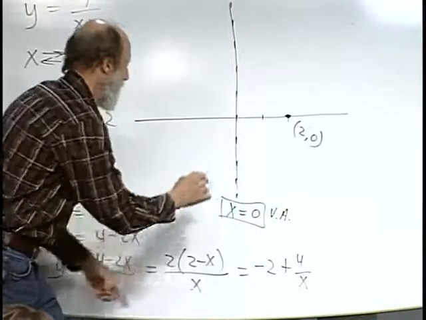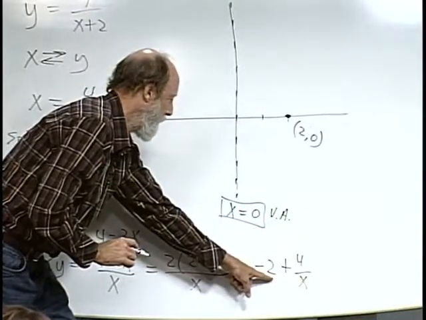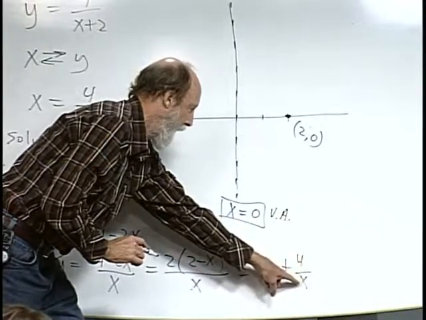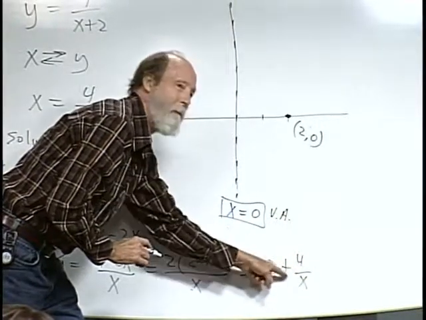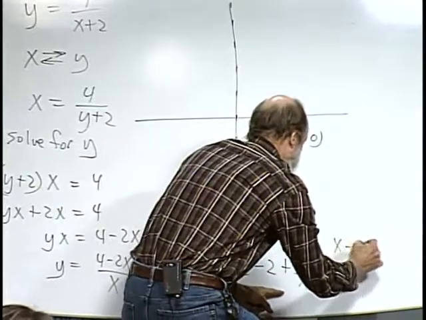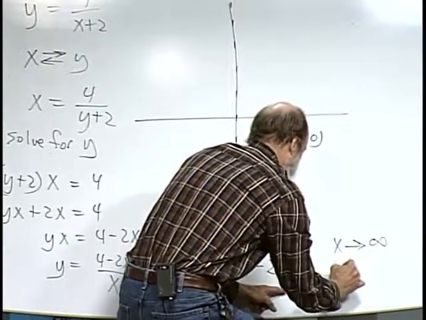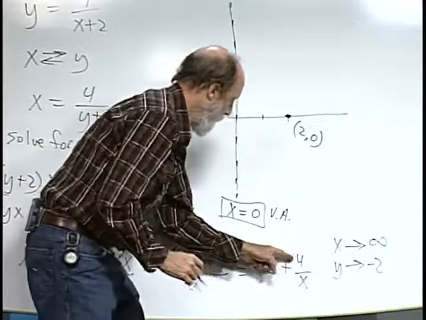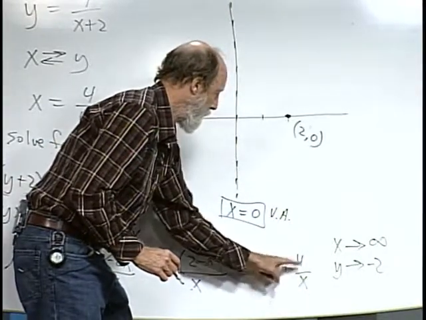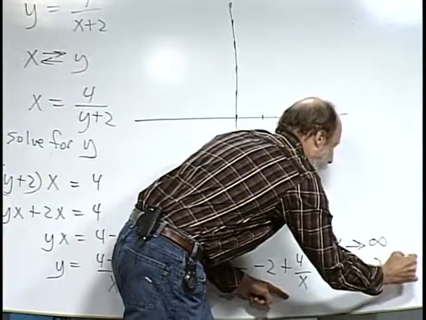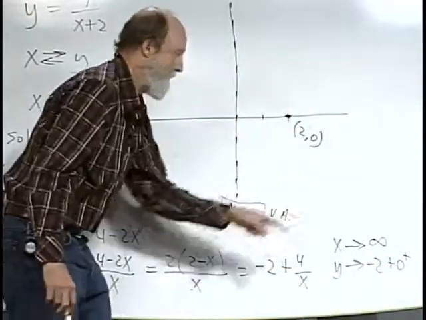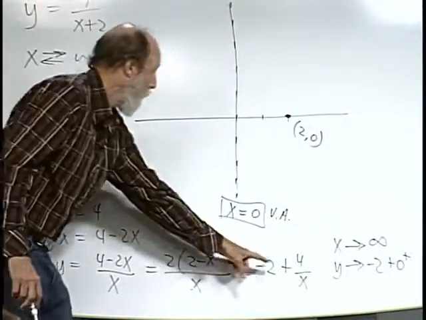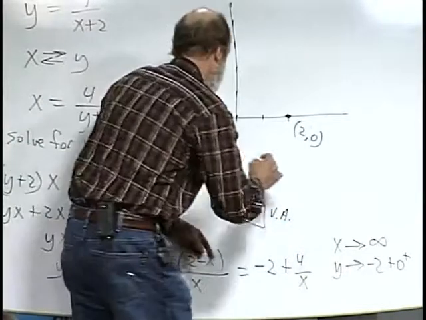Thank you, horizontal. y equals negative 2 plus, as large x happens, this heads towards 0. Let me write that down. If you're going way off to the right, then the y value is approaching negative 2 plus this number, and 4 over a big number is close to 0, but slightly positive. So that indicates a horizontal asymptote, y equals negative 2.